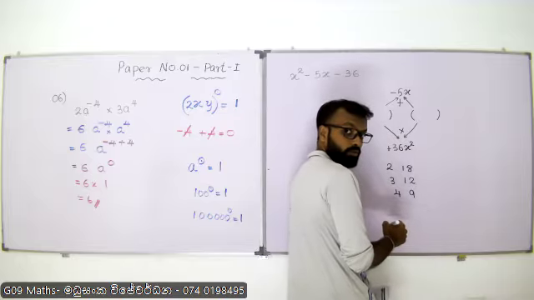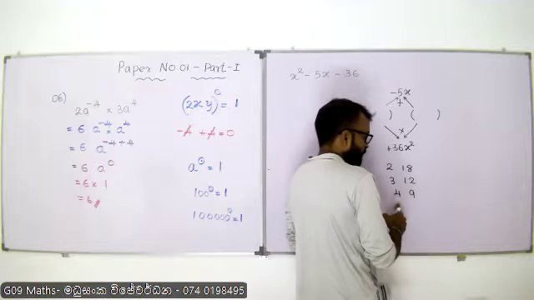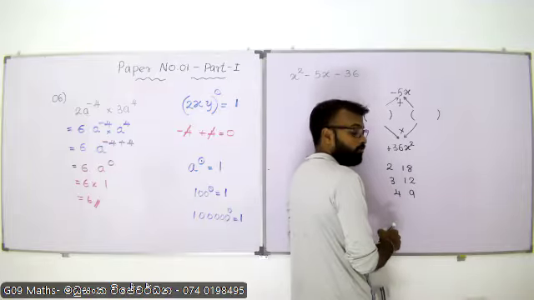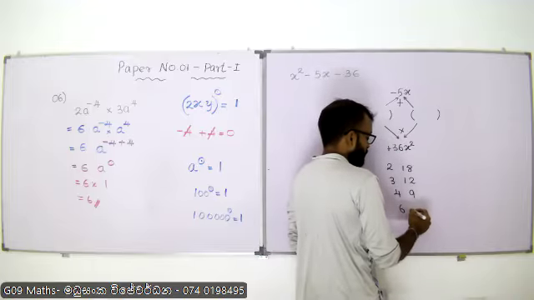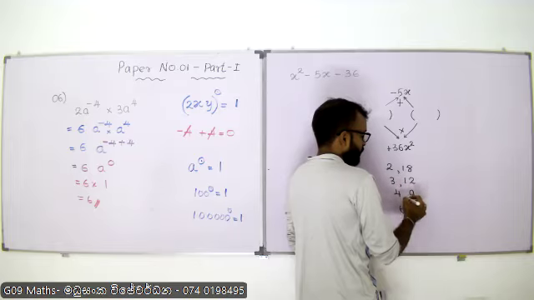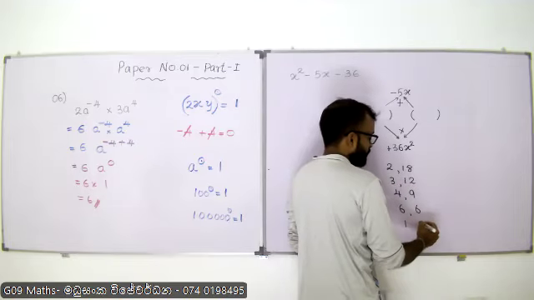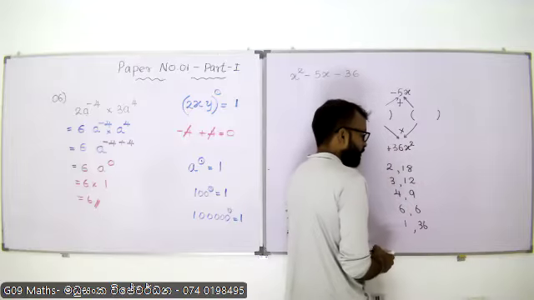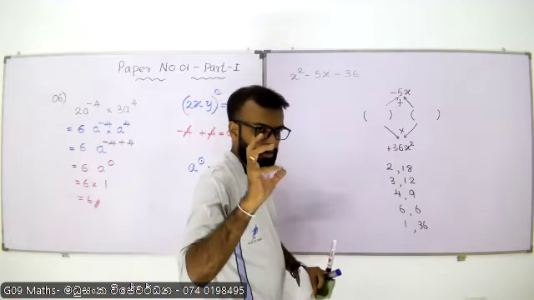Are there any other things? 5 times something? No. 6 times something? Yes, 6 times 6. So these are the numbers that you can compare. And 1 times 36. These are the possible sets of numbers that you can put.